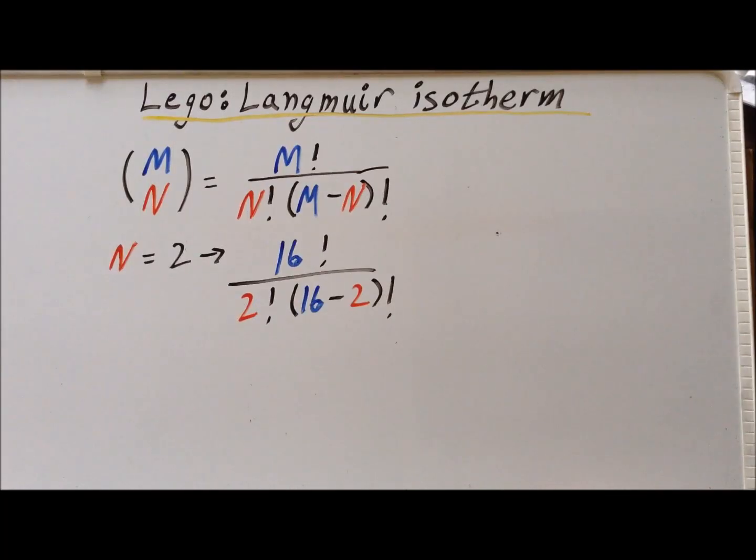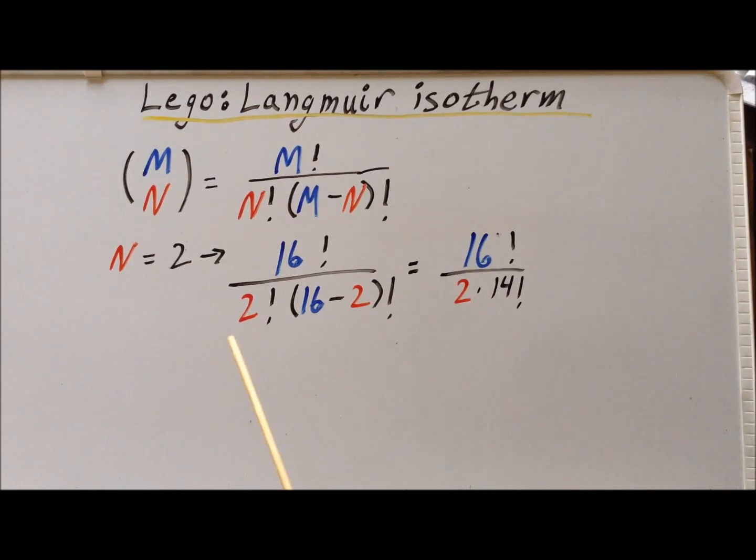Now if we have two adsorbate molecules, N is equal to 2, the number of ways of arranging them is going to be 16 factorial divided by 2 factorial times the quantity 16 minus 2 factorial. 2 factorial is simply 2 times 1, or is equal to 2. 16 minus 2 is 14, so this gives us 16 factorial divided by 2 times 14 factorial.